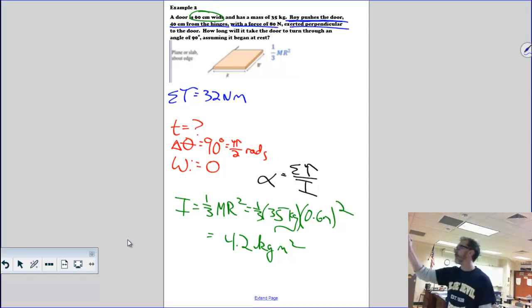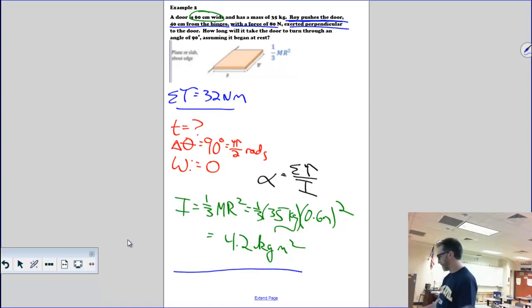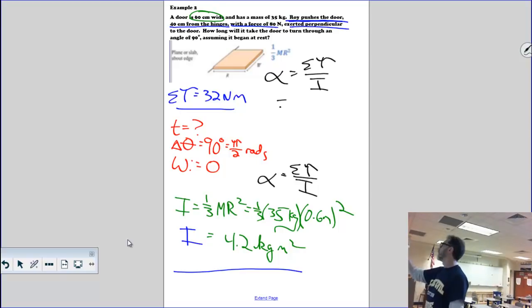All right, so let's see. Now I know my net torque, I know my rotational inertia, so I can find alpha. So here we go. Alpha is net torque over I. My net torque is 32 Newton meters. Divide that by my rotational inertia of 4.2 kilogram meters squared.